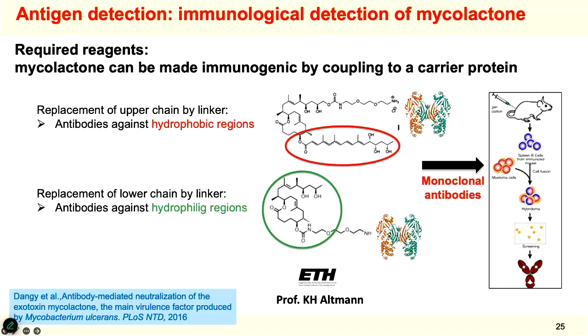That way, you get very nice immune responses, against either the more hydrophilic or hydrophobic part of the molecule. You can produce monoclonal antibodies and test them for detection and for RDT development.